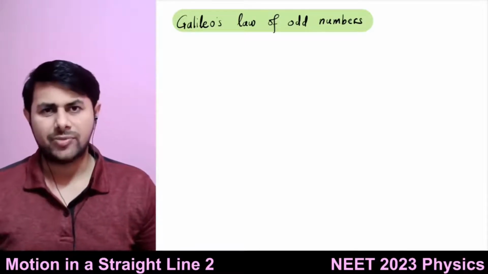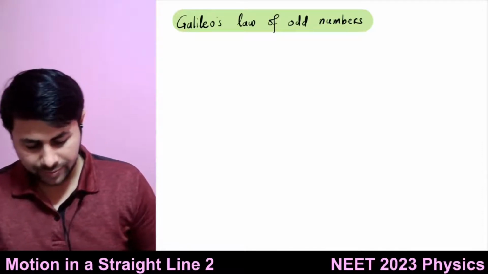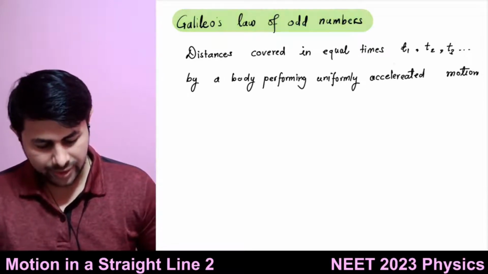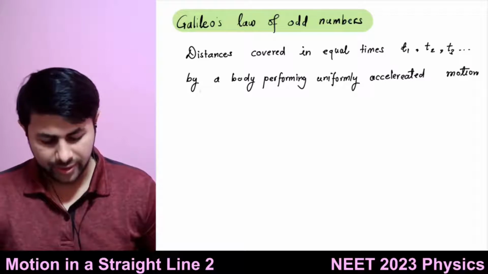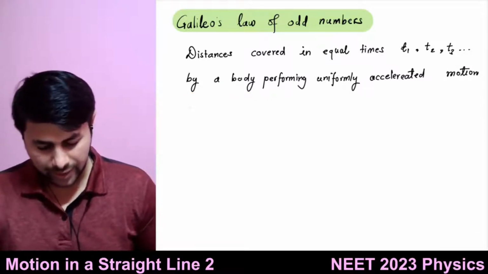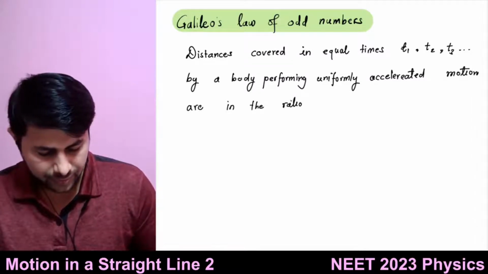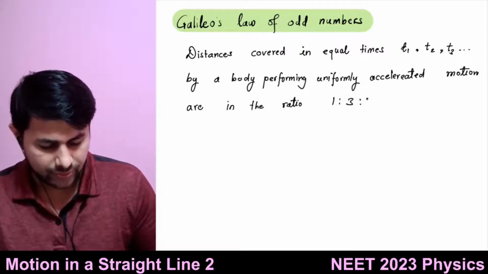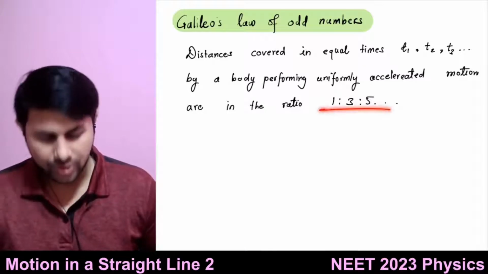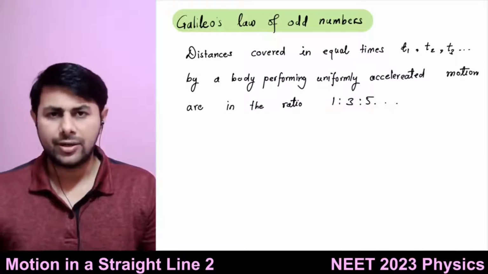This is the law of odd numbers: 1, 3, 5, 7, etc. The distances covered in equal times t1, t2, t3 by a body performing uniformly accelerated motion are in the ratio of odd numbers, 1:3:5:7, and so on.